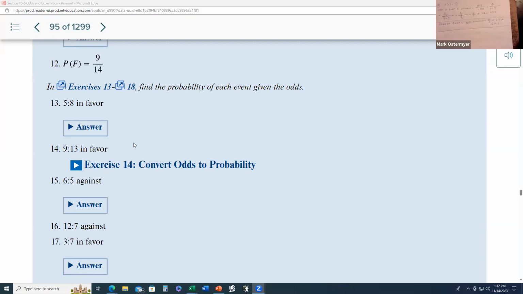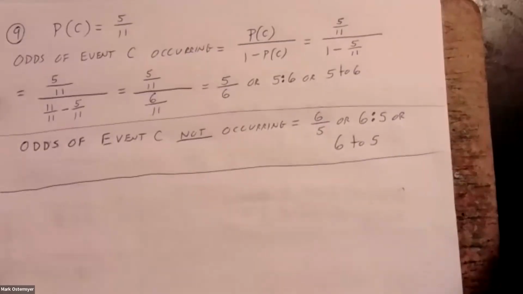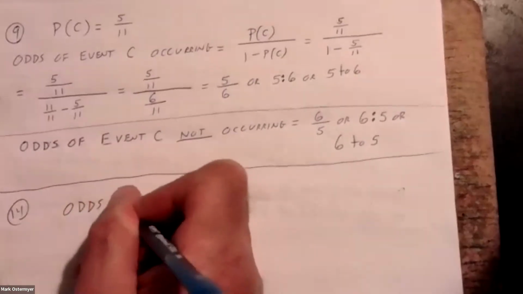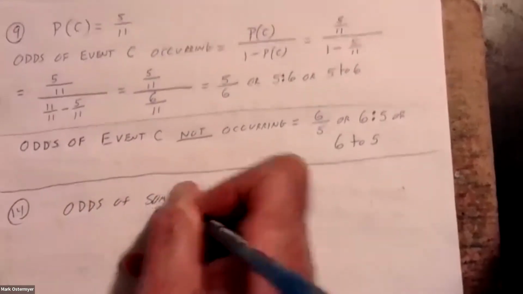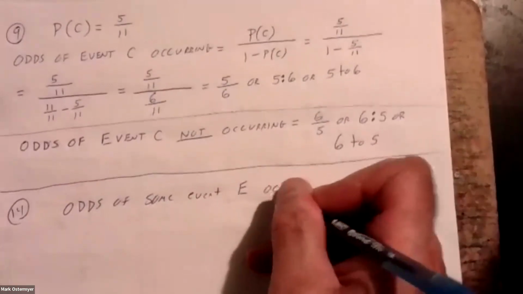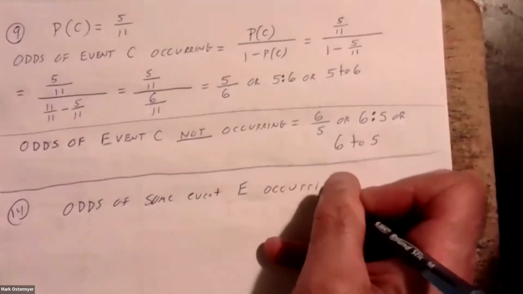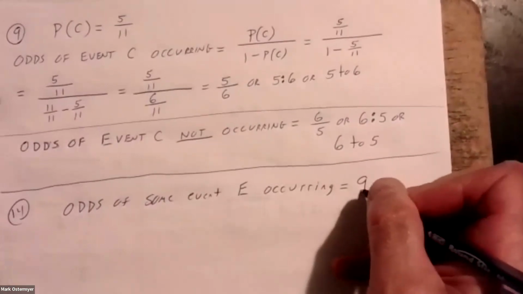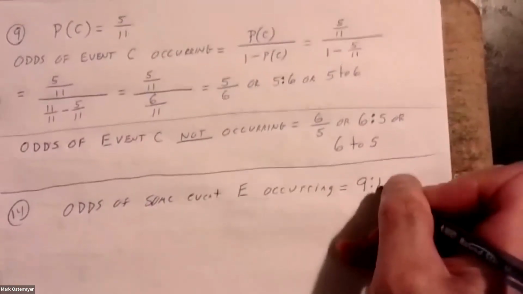I'm going to use a letter E for event, okay? So in other words, from problem number 14, they give us the odds of some event E occurring is equal to 9 to 13 odds. Okay, 9 to 13.